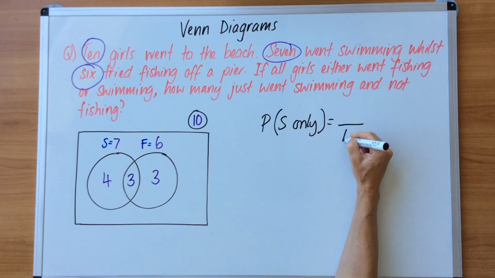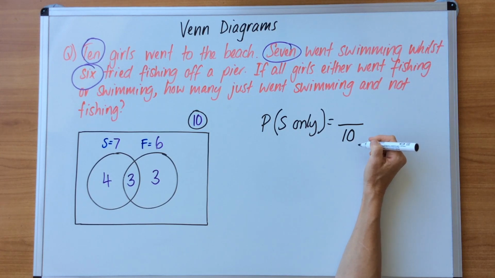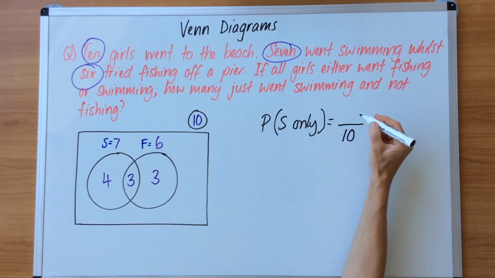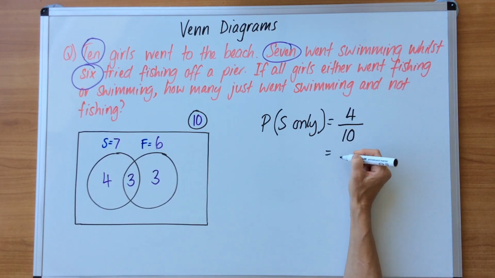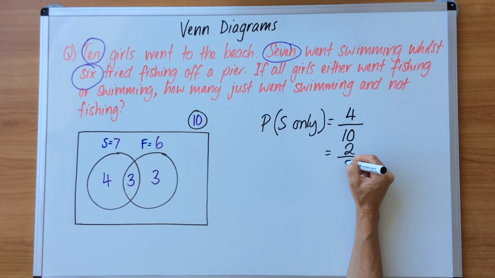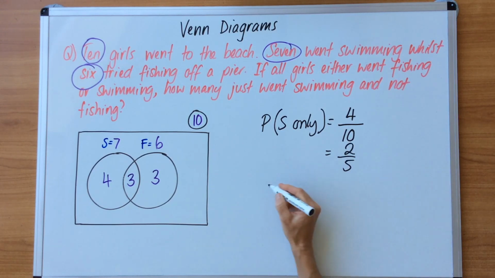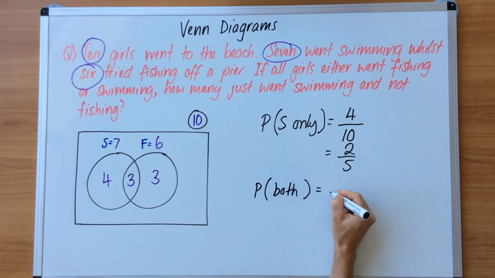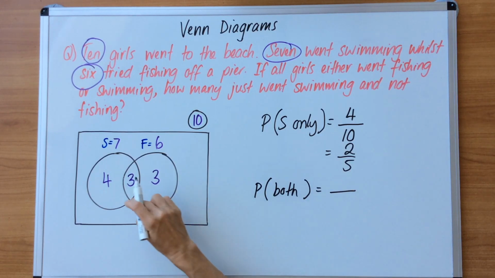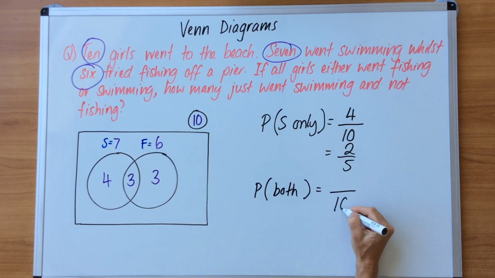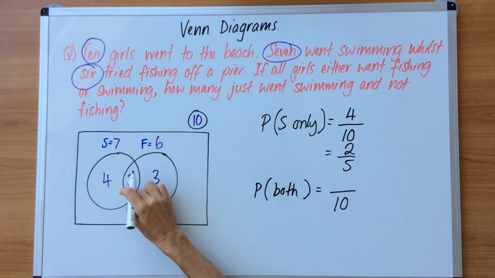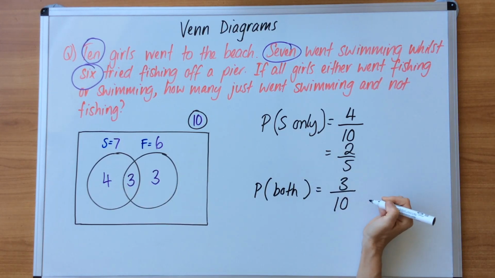There are 10 girls that went on this trip, and we know that 4 went swimming only, and then we would simplify that down to 2 over 5. If we ask the question of the girls that did both, so I'm just putting both in this bracket, we know that there was 10 in the population that went, 3 did both, swimming and fishing.